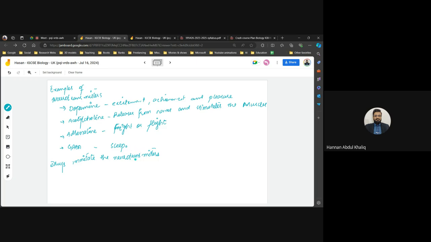Drugs imitate neurotransmitters and attach to synaptic receptors. That is why they basically have a very strong effect.